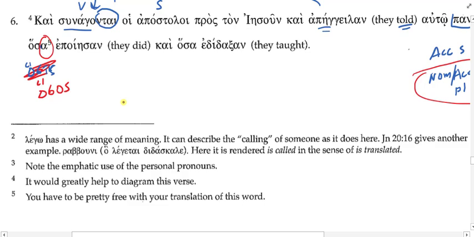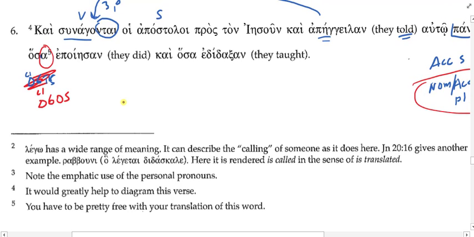He gives you a footnote here. You have to be pretty free with your translation of this word. I mean, if you were being literal with how you could translate hosa, all as much as they did, right? As great as or as many as, yeah. Putting the all in front of it makes it hard to translate it that way.